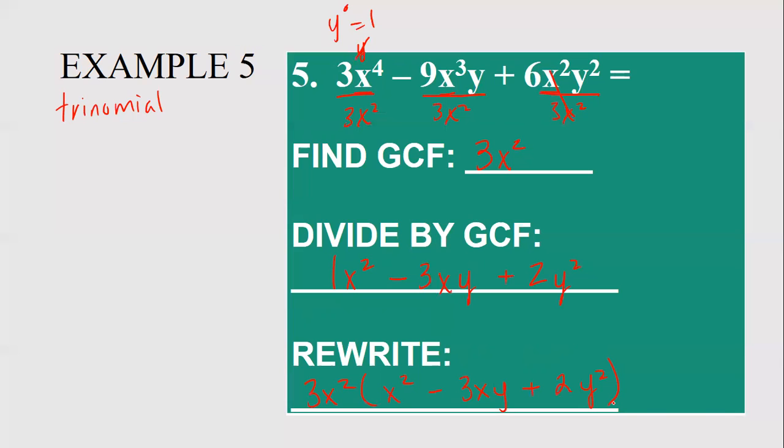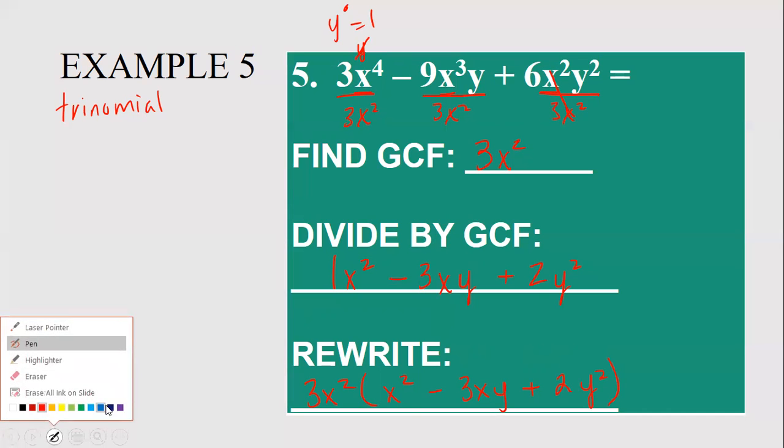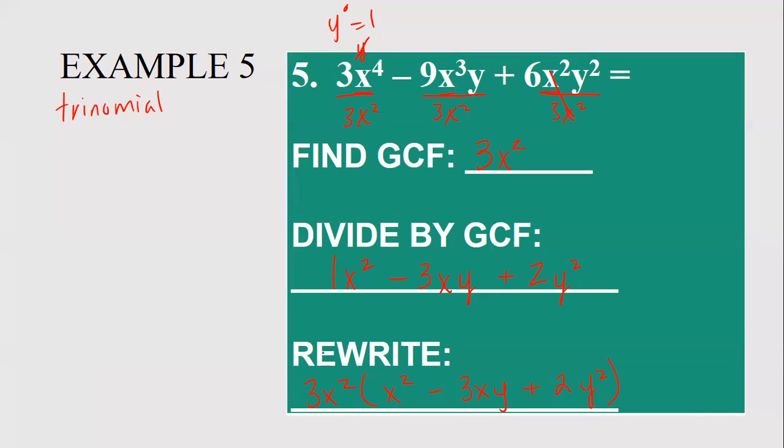Okay, the important thing about all of these is that if you're unsure about your answers, through every single one of these problems, you can go back and distribute, right? And double check yourself. So I'm going to model it with this one. If I'm like, ooh, I don't know if I did this right, I'm going to distribute 3x squared to all of them. And if I don't get my original, then I did something wrong.